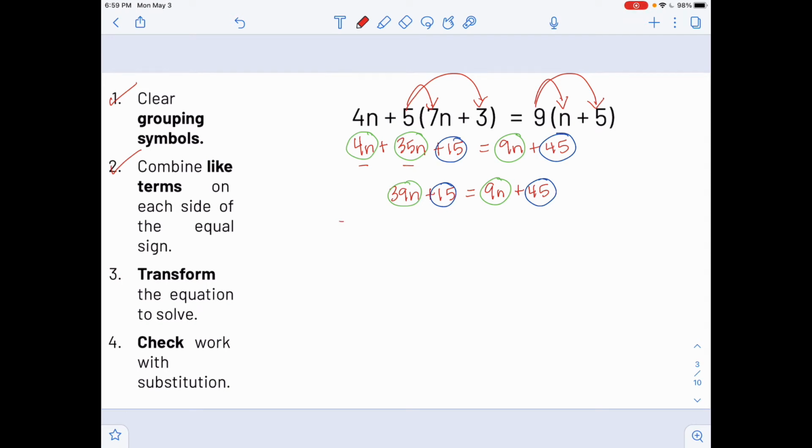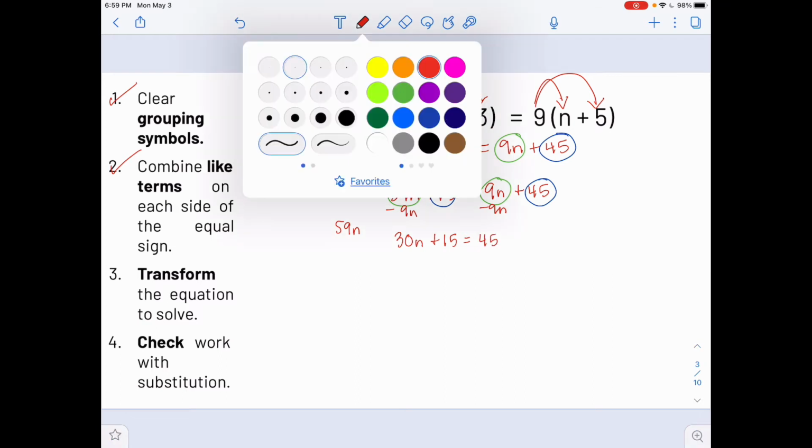So I'm going to start by subtracting 9n. By doing that, I'm going to move all my variable terms onto that left side. So I have 30n, because 39 minus 9 is 30, plus 15. And then 9n minus 9n is 0n, so I don't even need to write it down. So I'm left with 45.